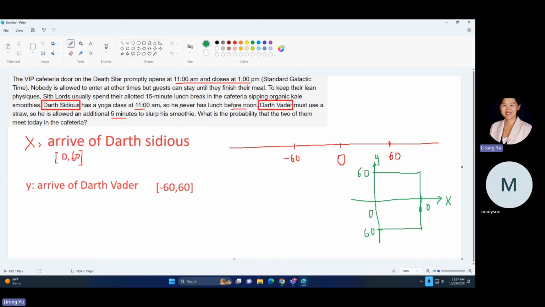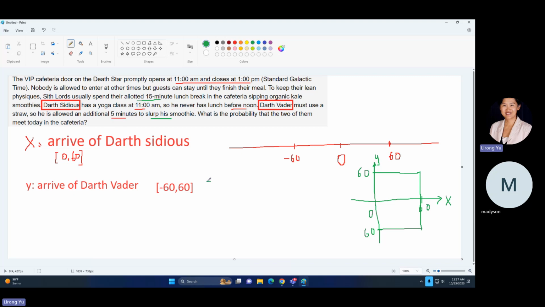Another thing is, every person, all the Sith lords, including Darth Sidious and Darth Vader, they have a 15-minute allowed time. So they cannot sit there forever. They can sit for 15 minutes, allotted 15 minutes. But the second person, since this person uses a straw, was allowed 20 minutes, 5 minutes more.